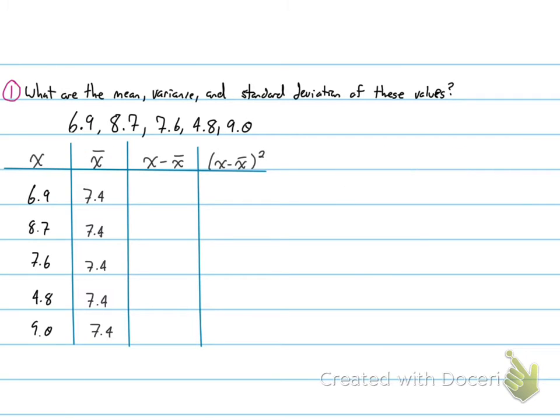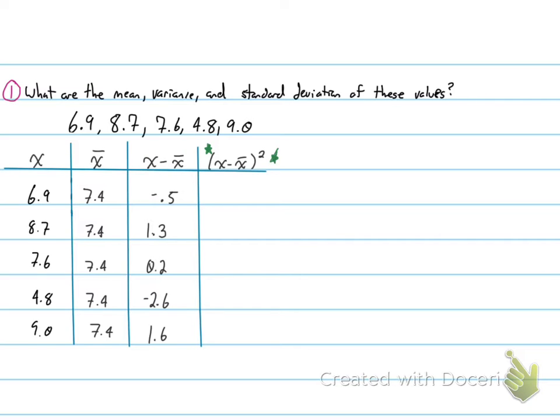So I'm going to put 7.4 in every row of that second column. And that's going to be helpful, because now in this third column, I'm going to take my x minus my average. So in this first row, I'm going to do 6.9 minus 7.4, and I get negative 0.5. And I'm going to do the same thing for the rest of the values in this column.